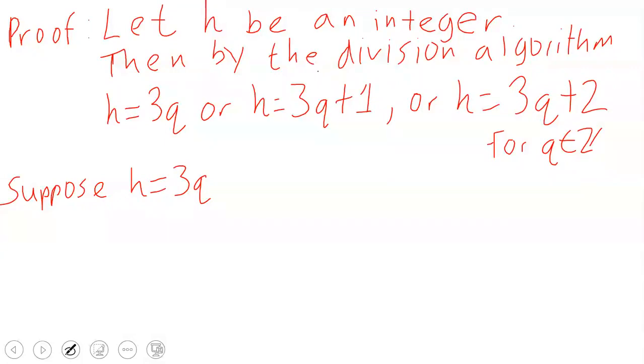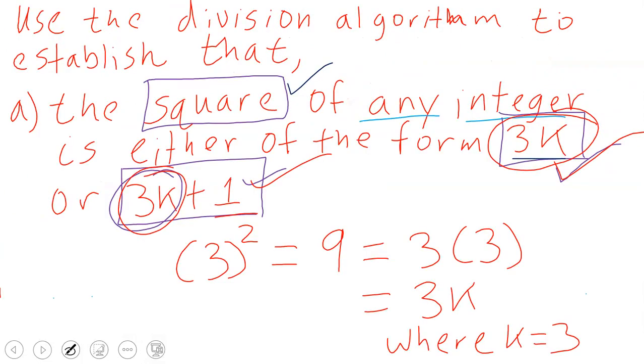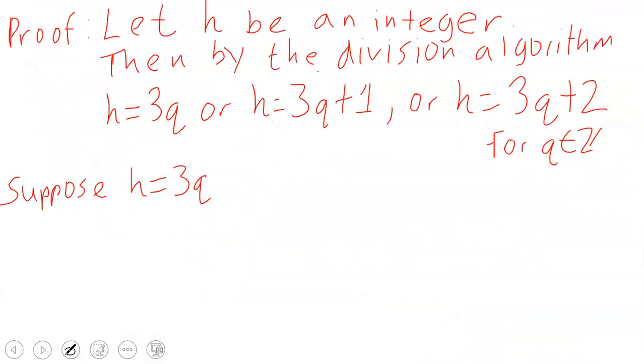All right, so let us now remember what we have to do. We have to prove that this integer, when we square it, is either going to be of the form 3k or 3k plus 1. So let us do this. Suppose h is equal to 3q. Then this implies that, let's square both sides.